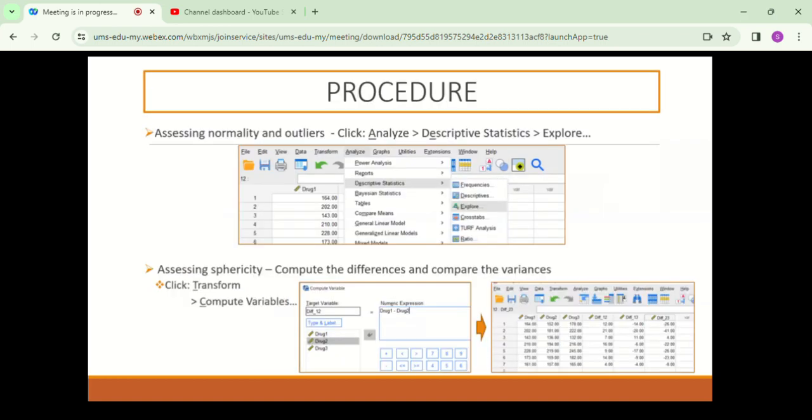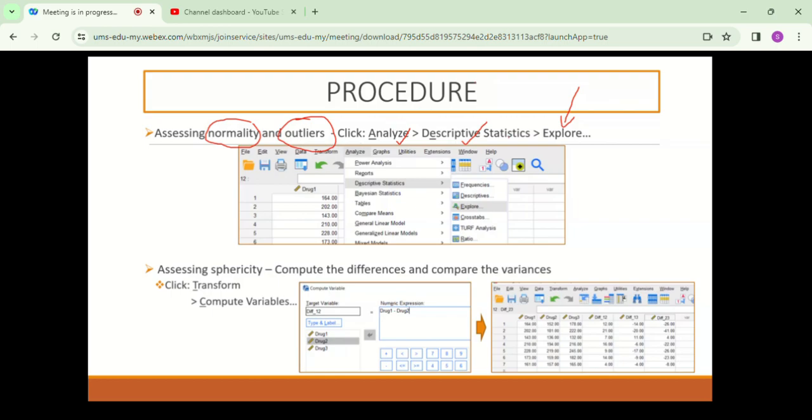Now the procedure. First of all, we need to test the assumptions. We can test the normality and the outliers using the Explore procedure. How to get the Explore procedure? You go to Analyze and click on Descriptive Statistics, not Descriptive Analysis, not Descriptives or Frequencies; many of you make mistakes here.